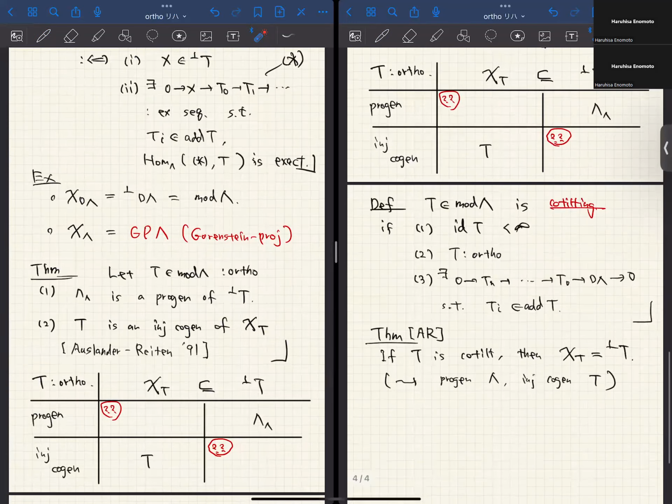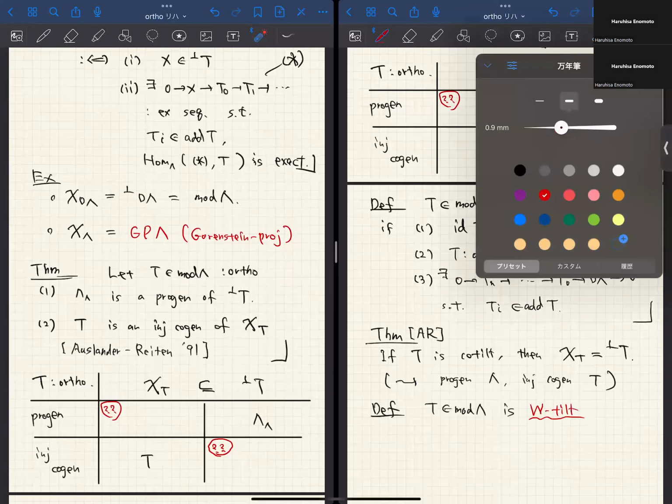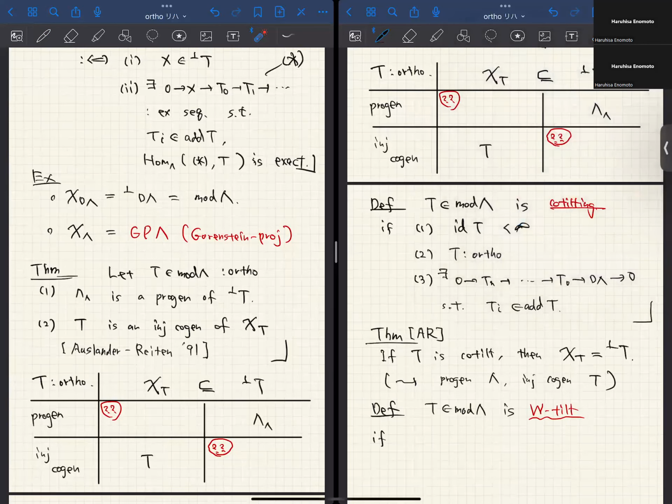So let's define Wakamatsu tilting module. If the first condition is that T should be an orthogonal module, the second condition can be easier to understand if you look at this table.